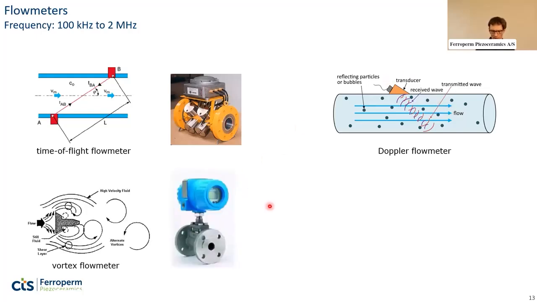Third type of flow meter that I'll show is the vortex flow meter, which is mainly used for gases. And here you actually generate some vortex in the flow, and depending on the sound generated by this turbulence, you can actually also calculate the flow velocity.